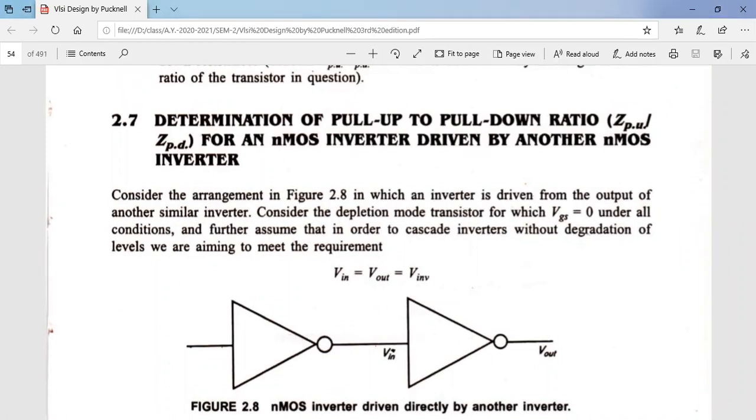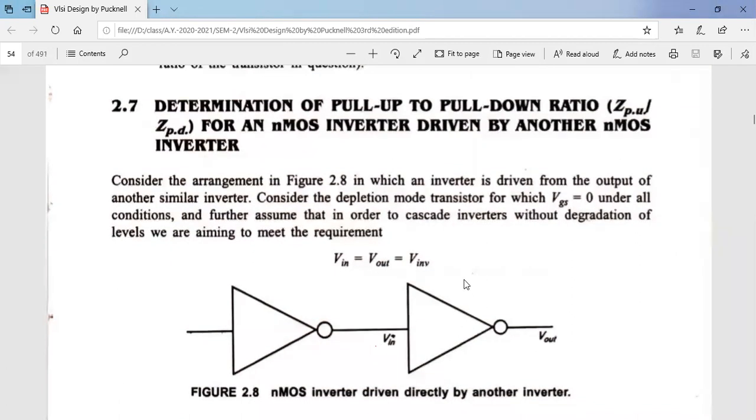So here, if we have two NMOS inverters, this is an NMOS inverter. This NMOS inverter is driven by another NMOS inverter.